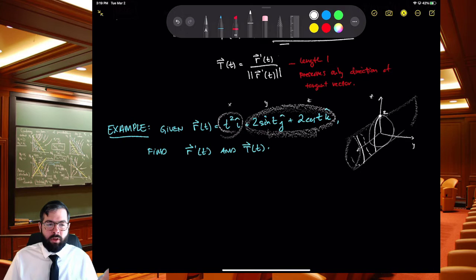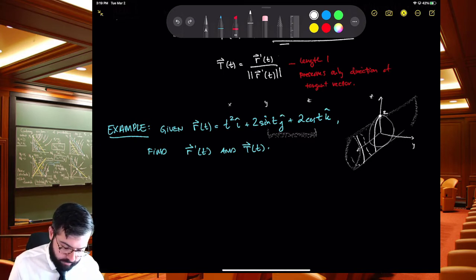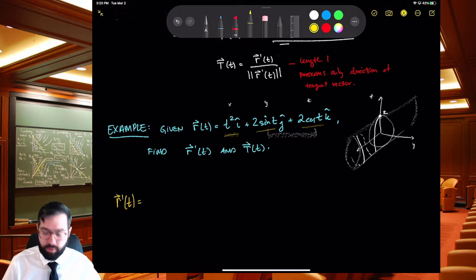So maybe that will also inform what we see from the tangent vector. So r prime of t. R prime of t is really the derivative of each of these real valued component functions, right?